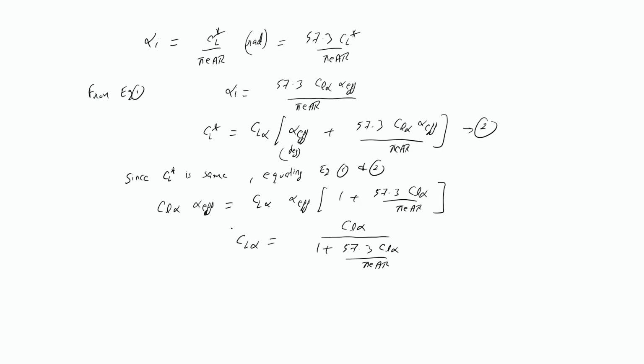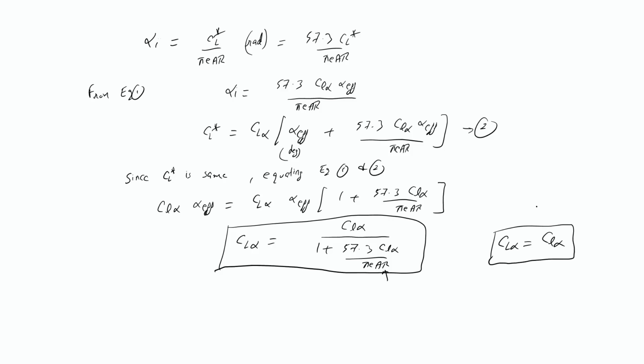So this is the relation between a 3D lift curve slope and a 2D lift curve slope. So you can verify here. If aspect ratio goes to infinity, this term will be 0. So you will get CL alpha equal to C small l alpha. Okay. For a 2D airfoil, we have CL alpha equals C small l alpha.